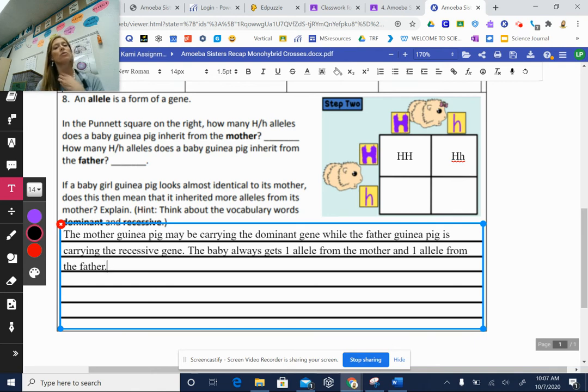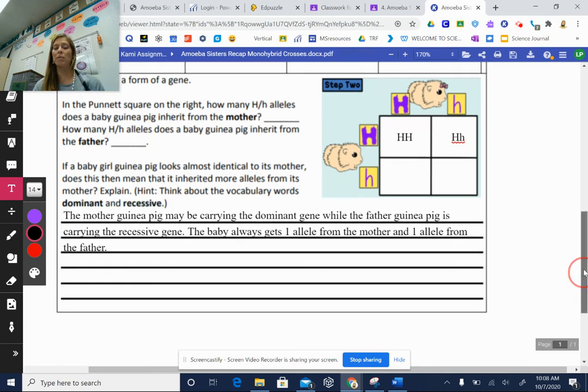Okay. So I want you to rewrite this answer in your own words. If you look back and maybe you made a mistake, if your answer looks like this, then great, you can leave it alone. But if it doesn't, go back and put my answer, but please in your own words. You just always need to know you're always getting one allele from each parent, but one may not show up because it's recessive. It's been dominated.